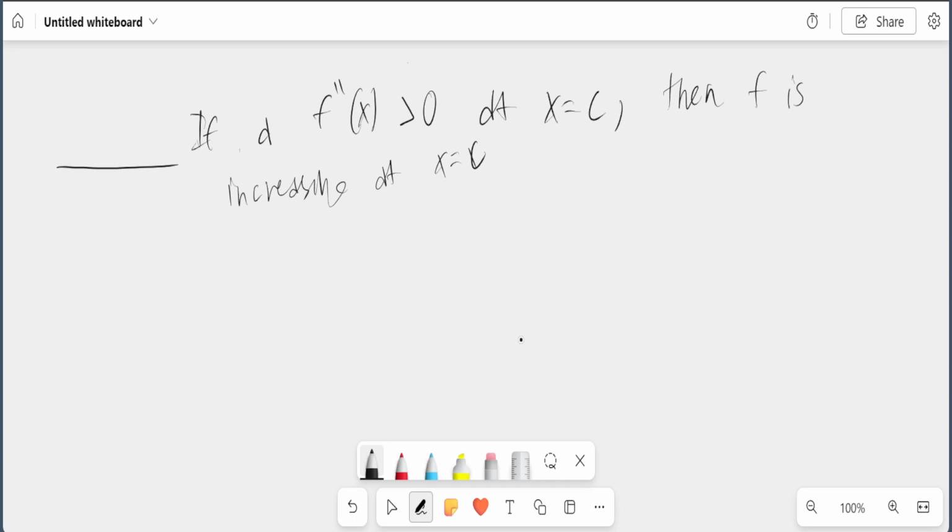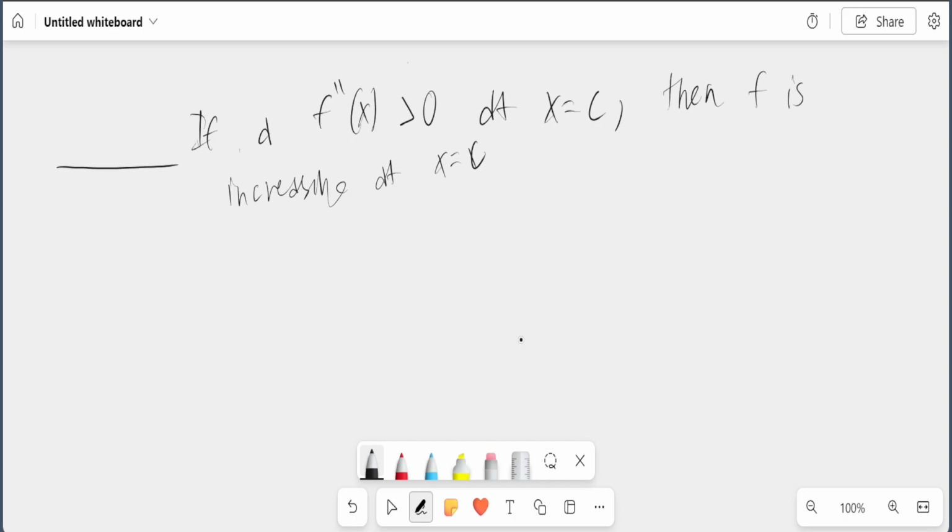Is it always because the concavity is up? Does everyone agree with that? Yeah, always.